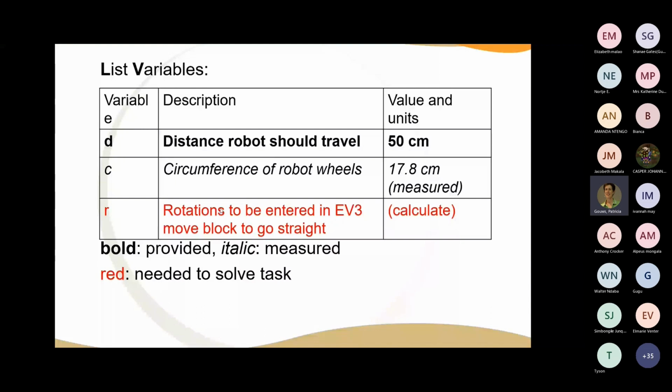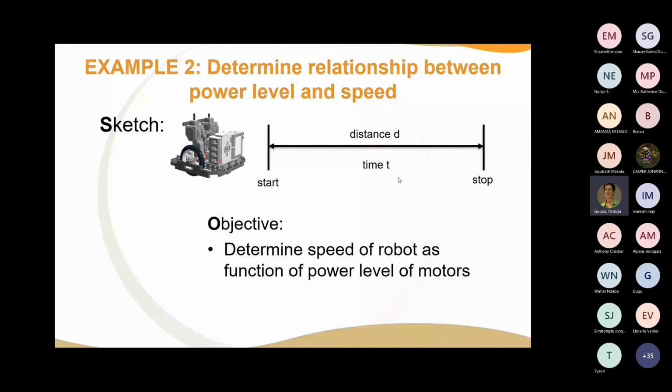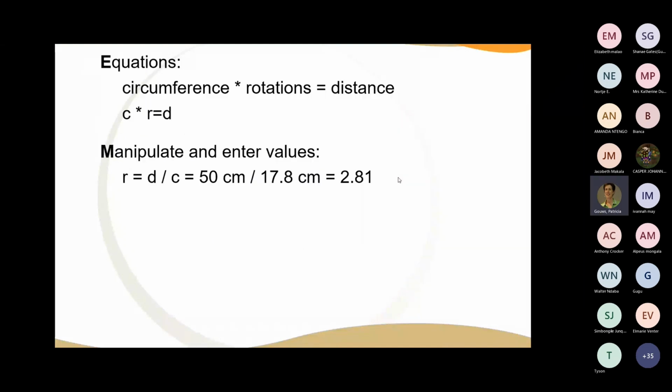If it's got to go 50 centimeters and its circumference is 17.8, then you divide 50 by 17.8, and you get the number of rotations, which is 2.81 rotations. That is how many turns the wheel has got to do. All right, so that's solved. To go from start to finish, you program your robot to go 2.81 rotations and then stop, and that's it. I will do the code just now.